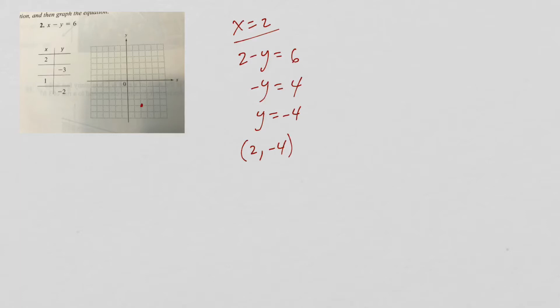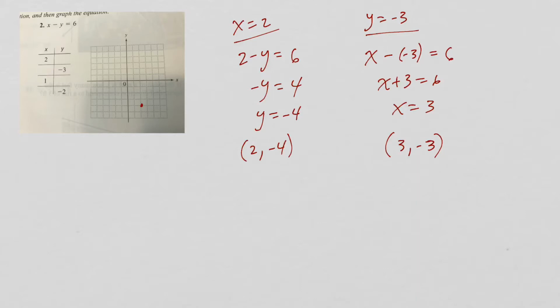When y is equal to negative 3, we have x minus a negative 3 equals 6. So that's x plus 3 equals 6. So x equals 3. So our ordered pair is (3, -3), which is 1, 2, 3 right there.